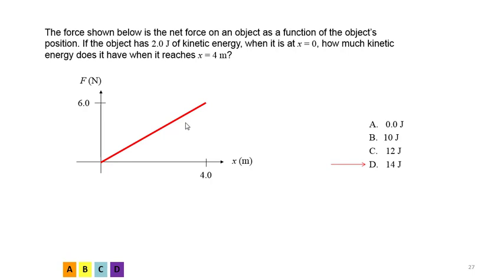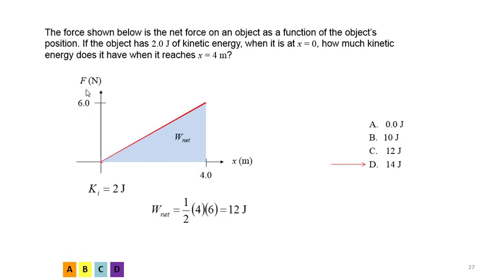Let's just recognize I'm starting off with 2 joules of kinetic energy. The way that kinetic energy changes depends on how much work this force is doing, and I can figure out the work by taking the area underneath here. Since this is my net force, this area represents the net work, the total amount of work. That's just going to be 1/2 times my base, which is 4, times my height, which is 6, or 12 joules.